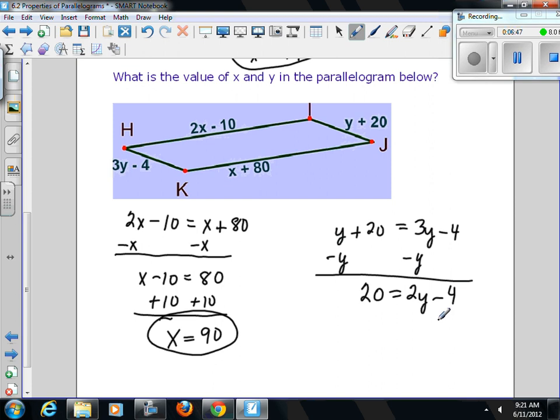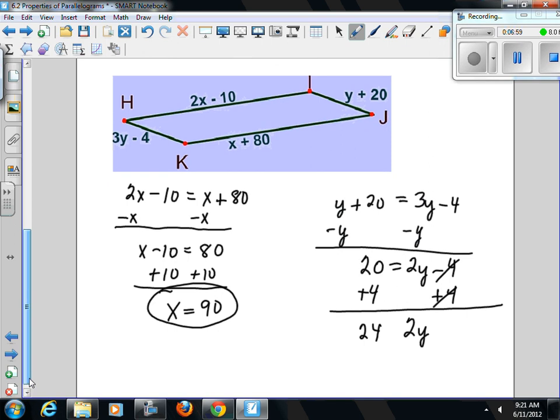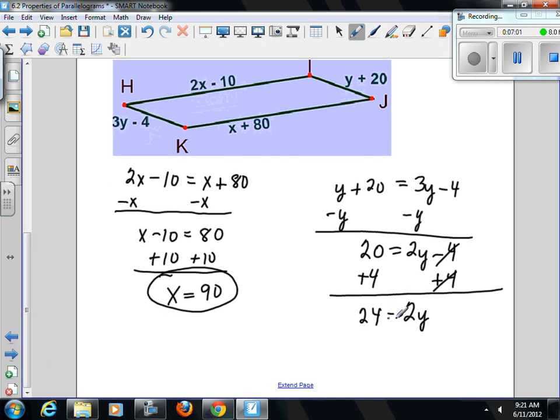We want to get y by itself, so we're going to add 4 to each side. The 4's will cancel, and I have 2y equals 24. We now want to divide each side by 2, so we end up with y equal to 12.